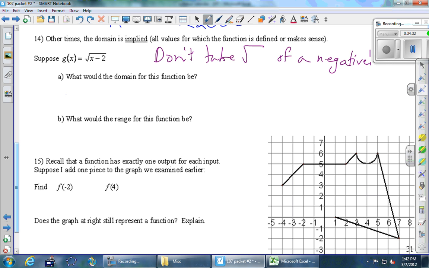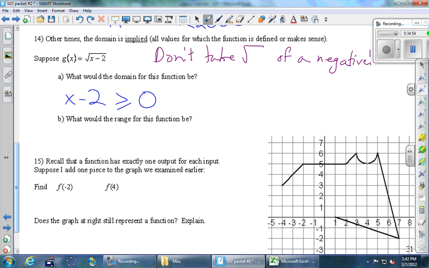So we have to work really hard to make sure that we're not taking the square root of a negative. To say negative or positive, 0 is the cutoff. And if I don't want it to be negative, then what symbol goes in here? Is that right? Not negative.